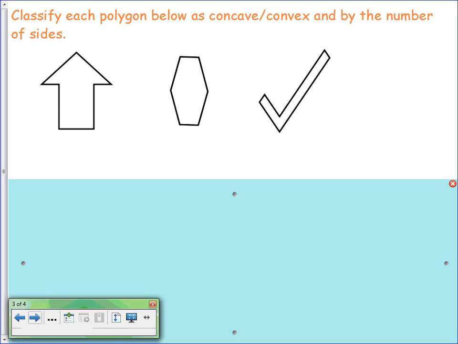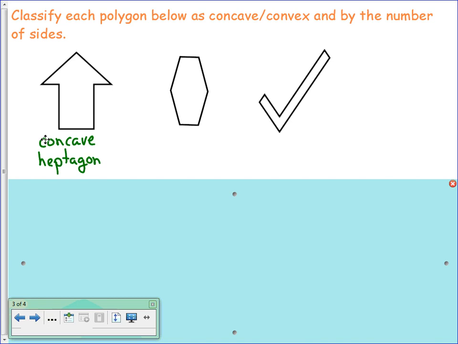So classify each polygon below as concave or convex, and by the number of sides. The first one here we look at is clearly concave. And we count the number of sides. It has 7, so that makes it a heptagon.